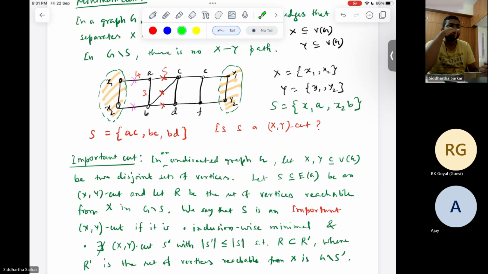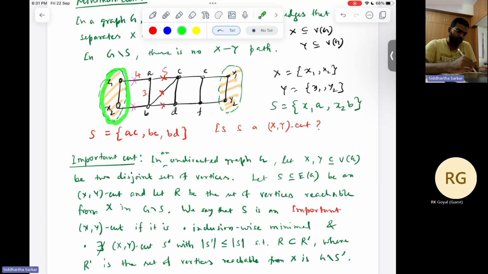Now once we have deleted these two edges, we have been able to disconnect X from Y. What is the connected component of X? The connected component of X is only this one edge. This is one connected component, all these vertices are reachable from each other.